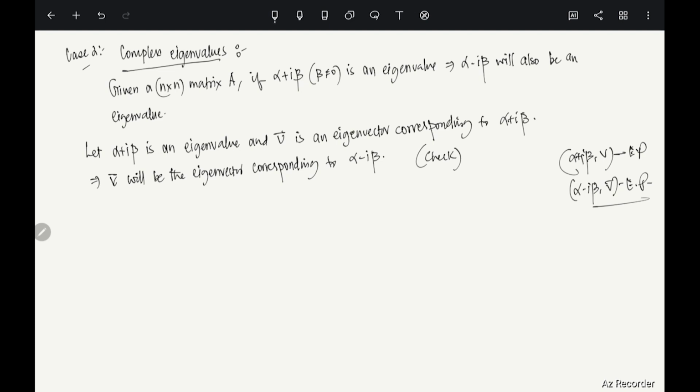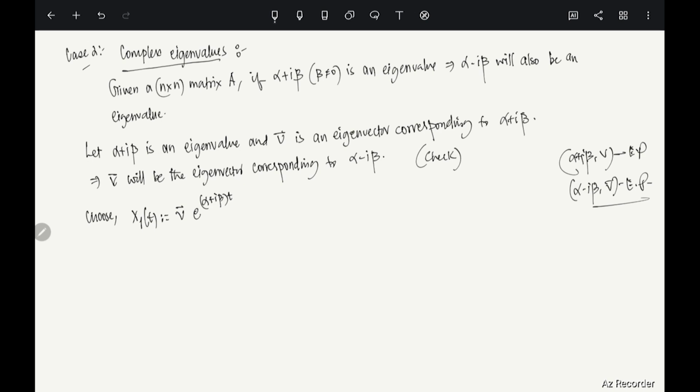Now you see that, choose x1, this is a new function x1, to be the vector v times e power alpha plus i beta times t. Just like the previous case, we are just doing it, but here we are doing it for a complex one.